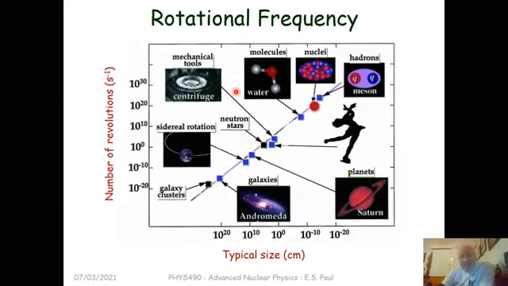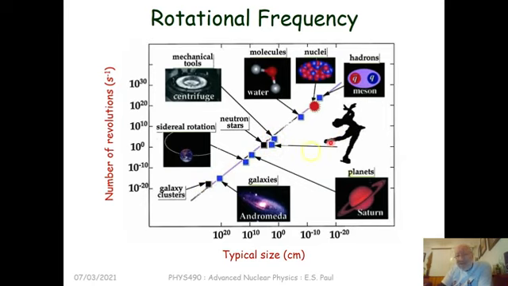And just to finish off, we can look at systematics of rotation here. This is just the typical size of a system plotted against the rotational frequency, if you like, the number of revolutions per second. We can start off here from galaxies such as the one just shown, Andromeda, go through other sorts of large-scale objects, and get here.